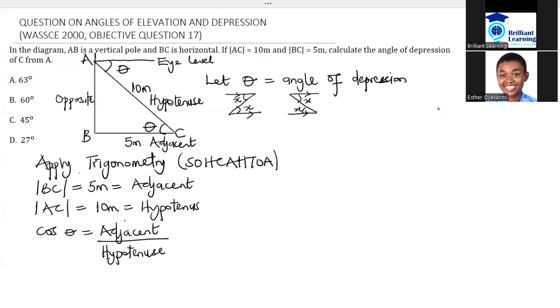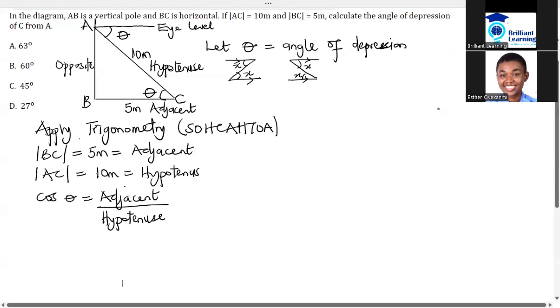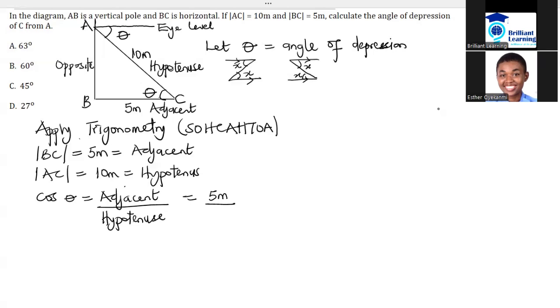All right. Then we input our values. Adjacent is 5 meters. Hypotenuse is 10 meters. And this will give us 0.5, because 5 divided by 10 will give us 0.5. The next thing, we have cos theta equals 0.5. We have not reached the end of the answer. We are looking for angle theta, not cos theta.